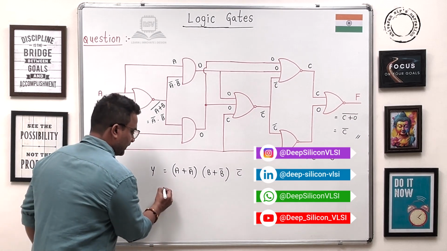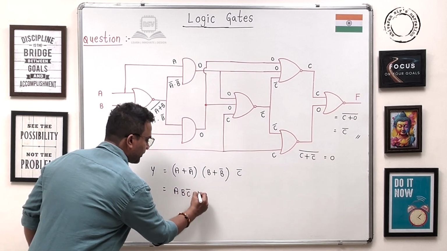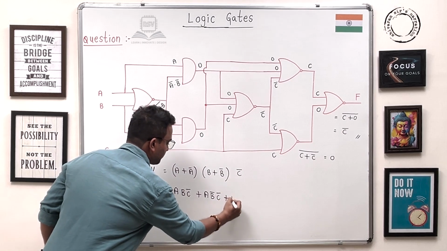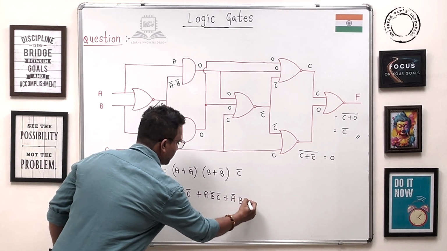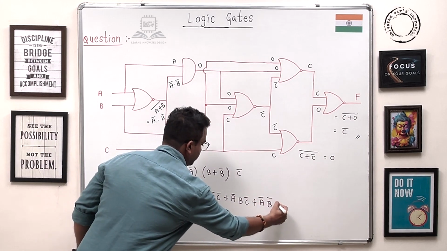Now guys, here it is a b C bar, a b bar C bar, a bar b C bar, a bar b bar C bar.